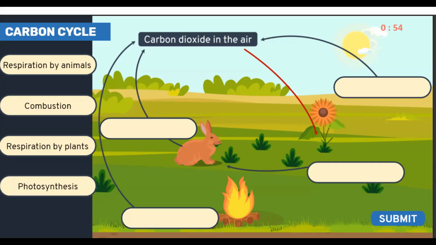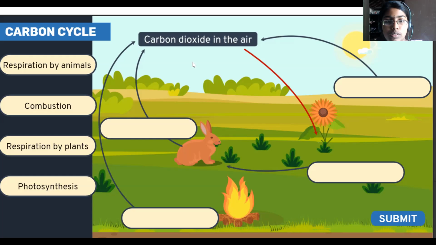Okay, good. So each one will share one point. What is the first process that is between the sun and the sunflower? Can Vijay tell me what you gave there? Photosynthesis. Okay, great. Next would be what?